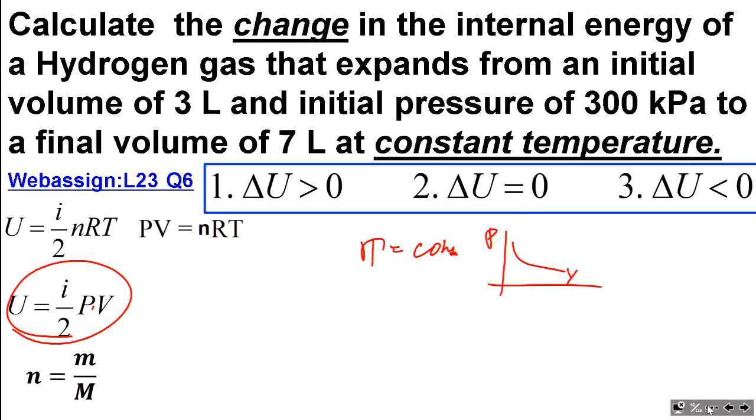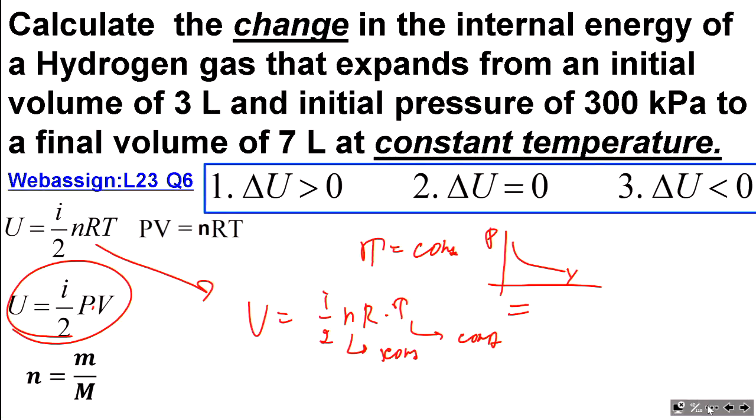But you don't have to, because there's a different equation which tells you that if you do not change the amount of gas, if the number of moles remains constant and temperature remains constant, the internal energy remains constant, which means there is no change.